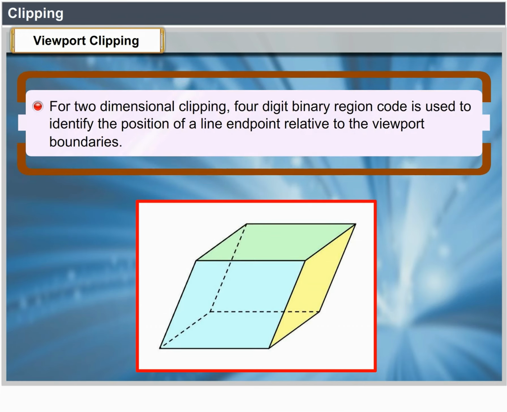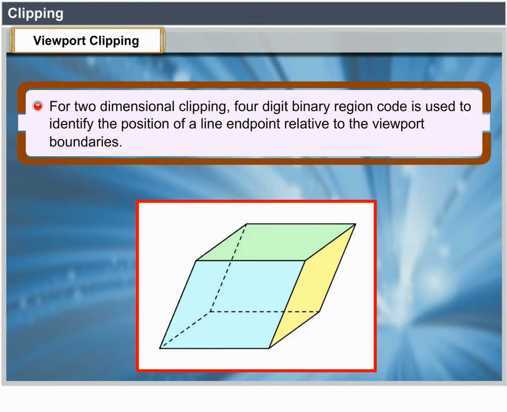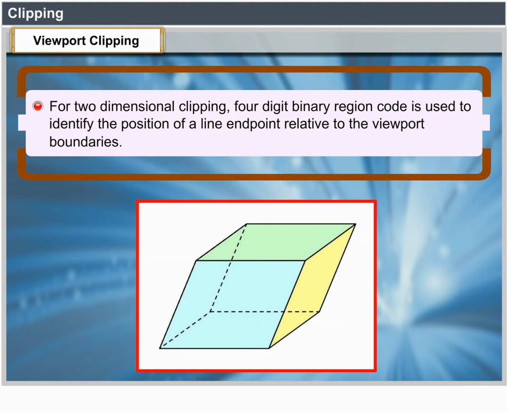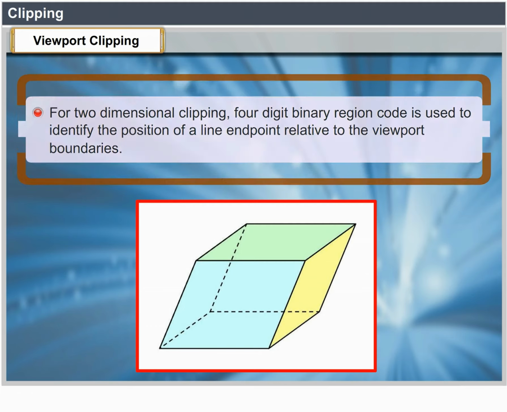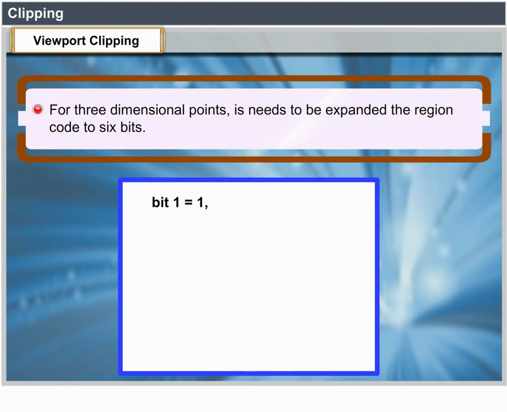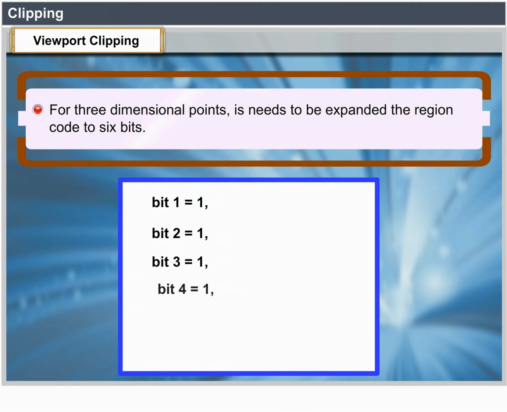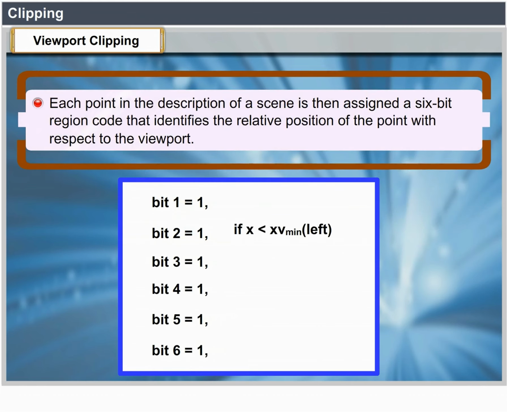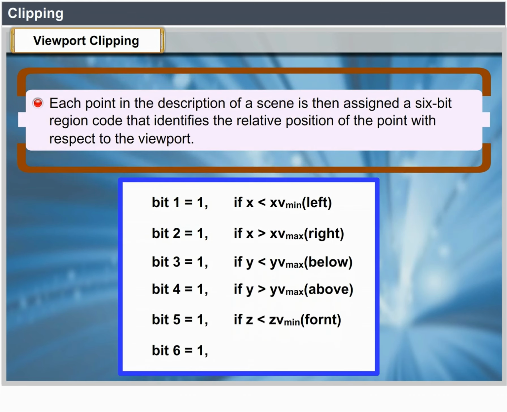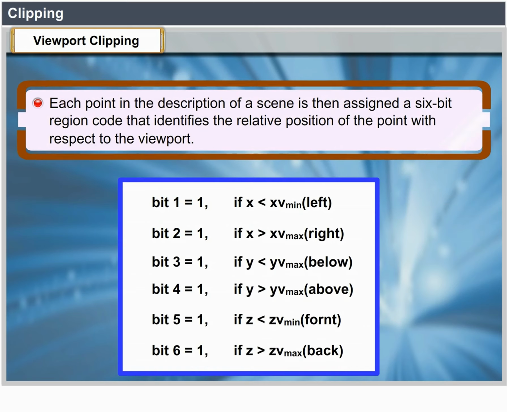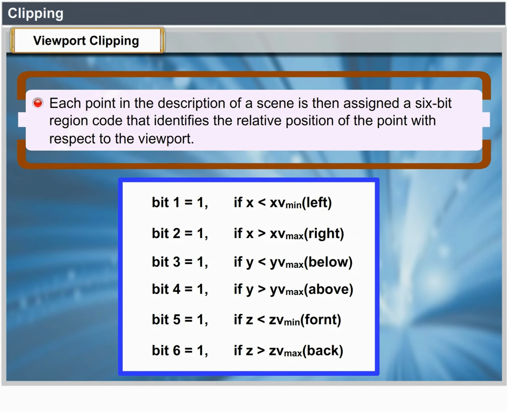For 2-dimensional clipping, we used a 4-digit binary region code to identify the position of a line endpoint relative to the viewport boundaries. For 3-dimensional points, we need to expand the region code to 6 bits. Each point in the description of a scene is then assigned a 6-bit region code that identifies the relative position of the point with respect to the viewport.